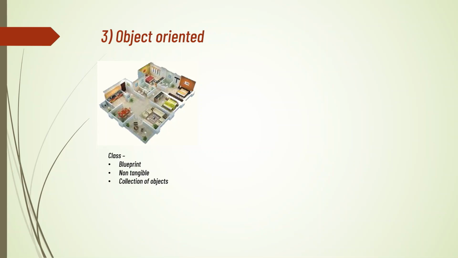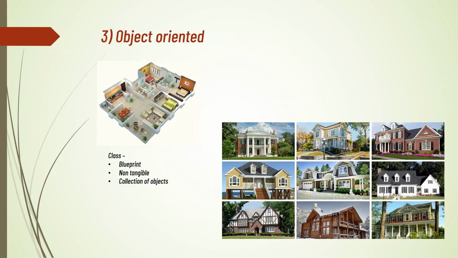This is just one kind of idea, right? But if you're talking about the object, from that same blueprint, if we construct houses, which are real entities having different properties and behavior, which are tangible, that is known as the object. And an object is an instance of a class.